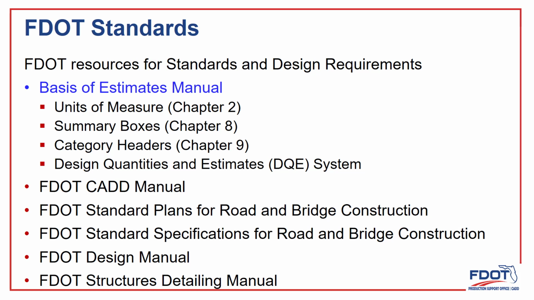It contains details such as units of measure for each pay item, the approved tables, format, and order for the summary boxes, the category groupings required by Designer Interface, as well as a complete listing and details for each pay item. Additional requirements for plans production are contained in the FDOT CAD Manual, Standard Plans, Specifications, FDM, and the Structures Detailing Manual.